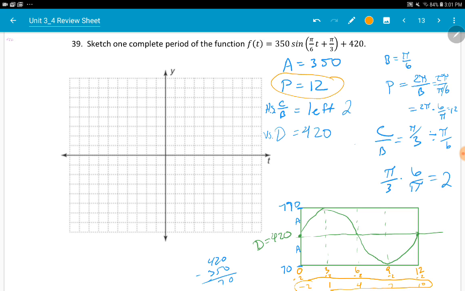So my rectangle is going to land on the t-axis, and I want it to stretch out to about 10. I think I have 10 tick marks here. 1, 2, 3, 4, 5, 6, 7, 8, 9, 10. Okay, so that can be 10, which means this will be negative 2 right here.